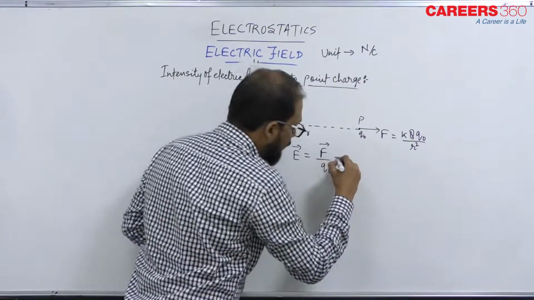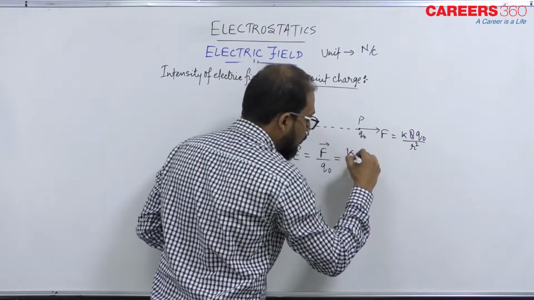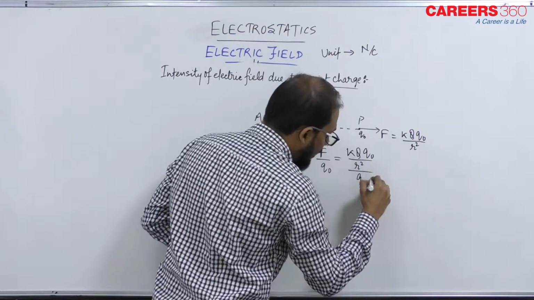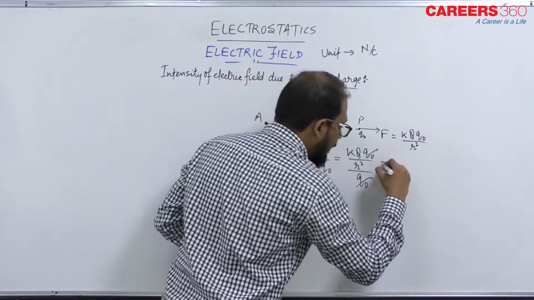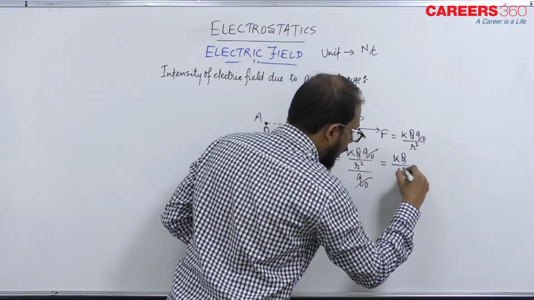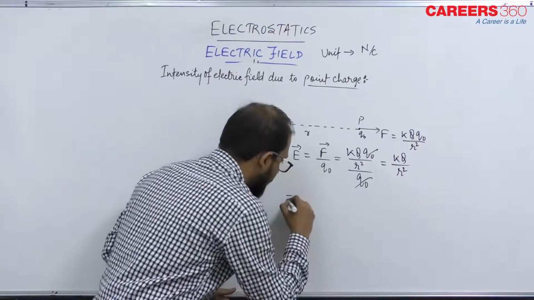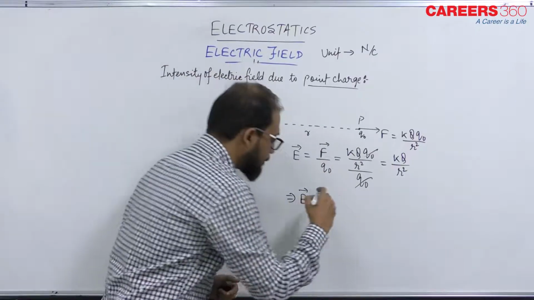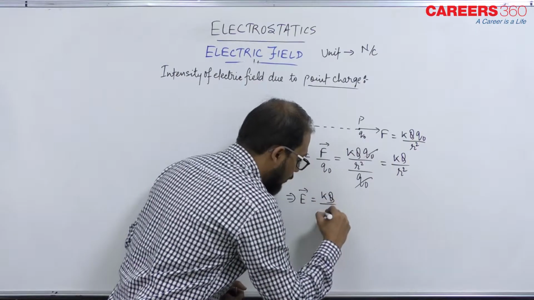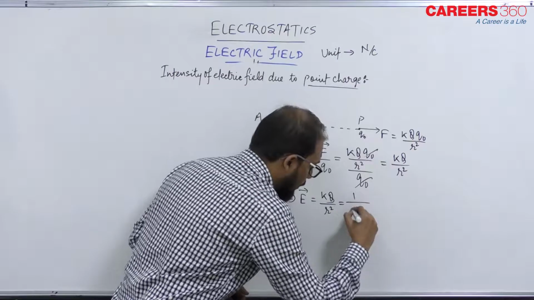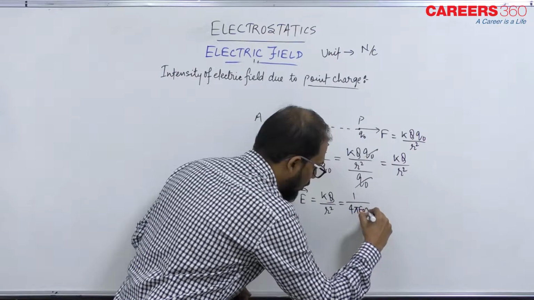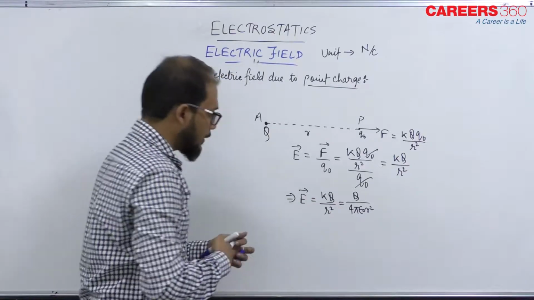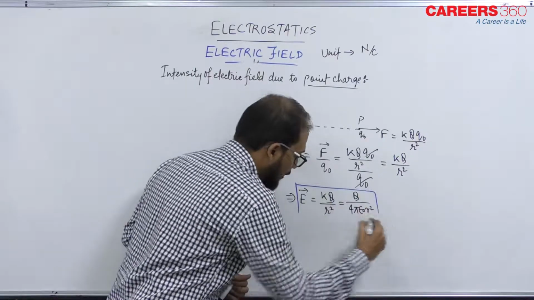And here if we put the value of force, it will be equal to K into Q Q naught upon R square upon Q naught, and here this Q naught will get cancelled out and we will get K into Q upon R square, and this is the value of electric field due to a point charge at some other point P. K into Q upon R square, that is equal to 1 upon 4 pi epsilon naught into Q upon R square, and this is the value of electric field.